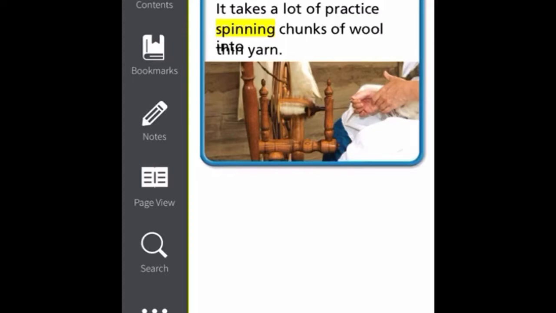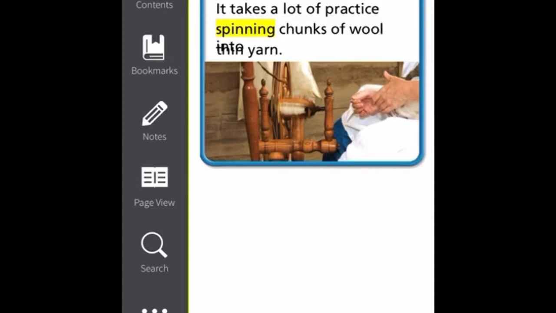So the base word is spin. And when we add ing, we have to double the N because there is a vowel before N. Which one is the vowel? I. Well done. So spinning is a verb or a noun? We add ing, which means now. Yes, it's a verb. Let's see what it means.